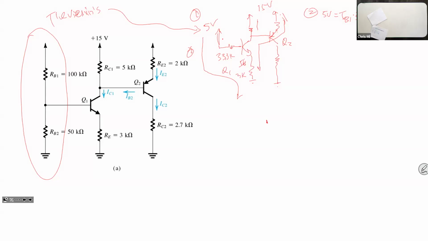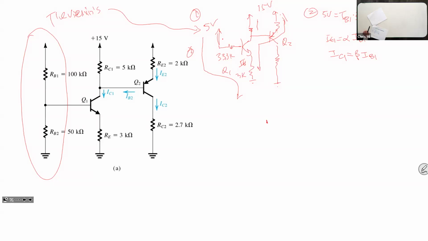And we know that IE1 is going to be alpha times IB1, right? So from here, you can easily find IB1, IE1, and finally, you can find IC is equal to beta times IB1. So the first step on the first stage is fairly easy, right?